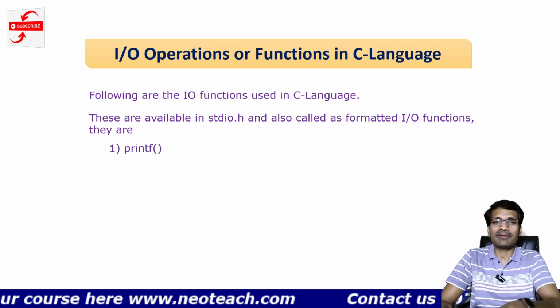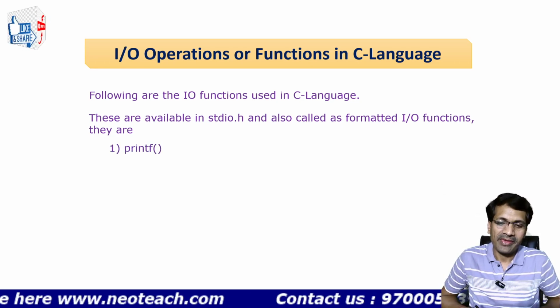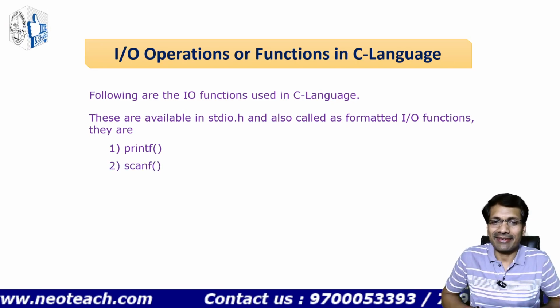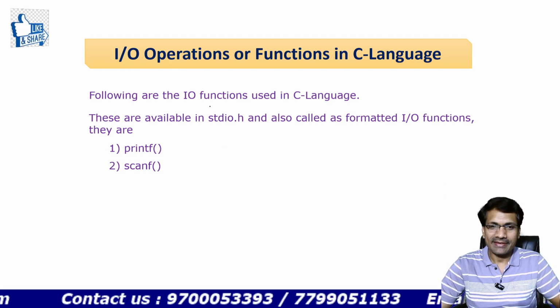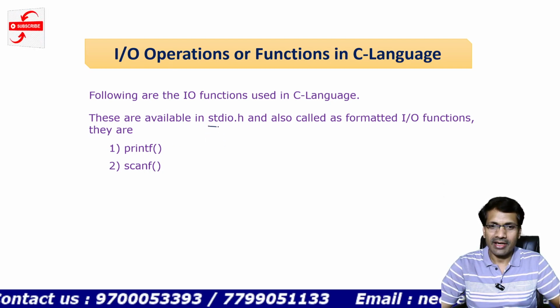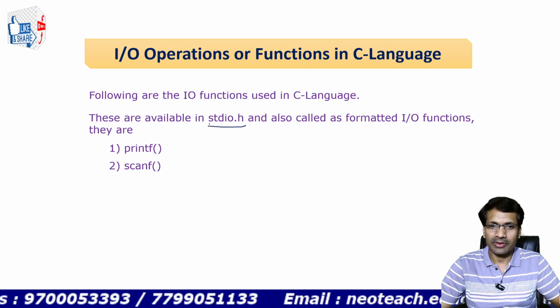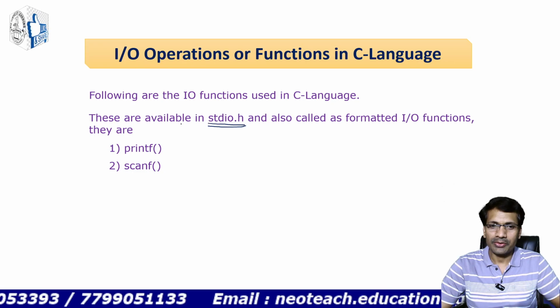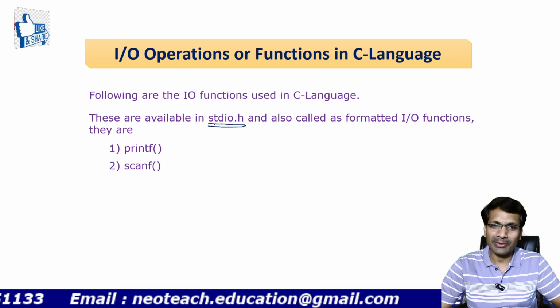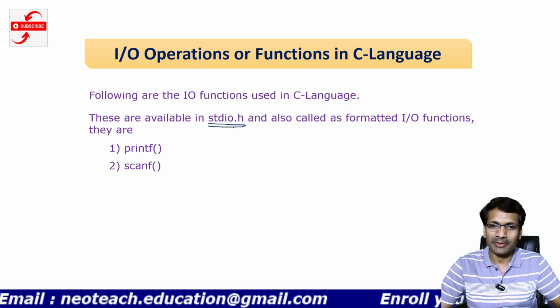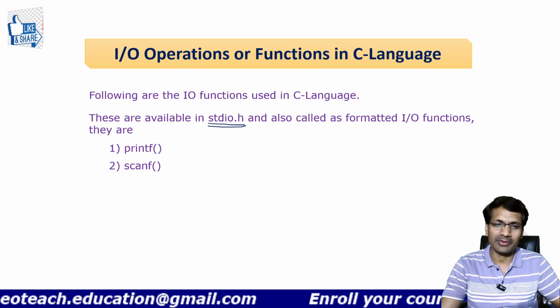The first is the printf function and the second one is the scanf function. These two functions are available in stdio.h, the standard input and output header file. So if you want to use the printf and scanf functions, you need to include the standard input and output header file in your program.